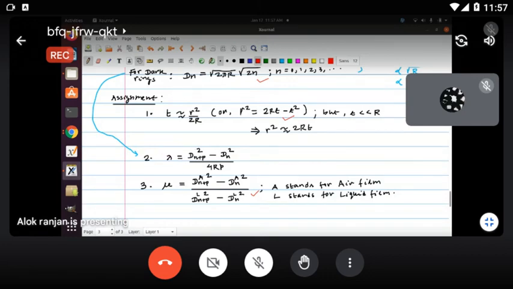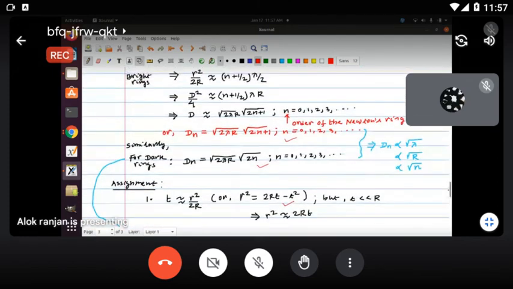You need to measure the diameter of the nth order rings, for example the 20th ring and the 24th or 25th ring, and you measure the wavelength as well as the refractive index. Therefore it is essential to derive the relation between the diameter of Newton's rings, wavelength, and radius of curvature, and indeed we derived it.